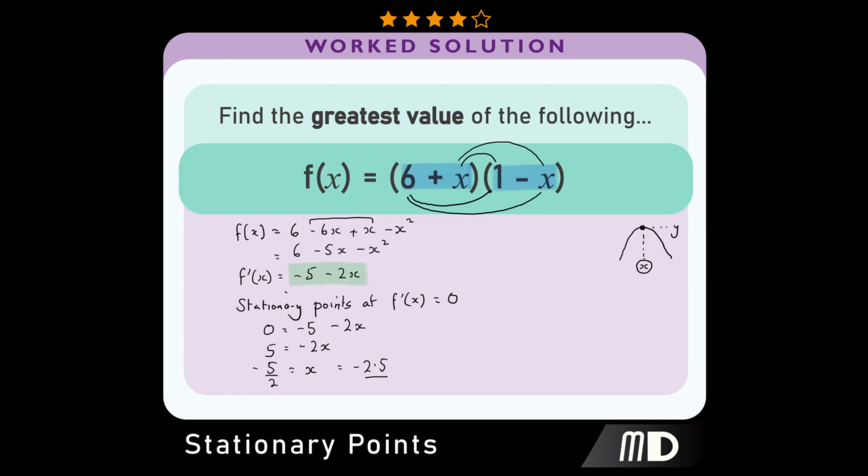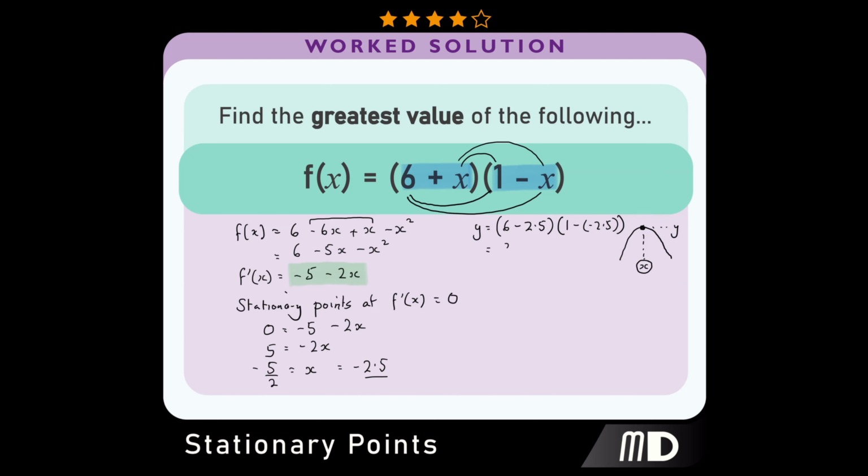So I'm going to substitute minus 2.5 into my original function for the curve to find out what y is. So we've got 6 plus x, which in this case will be 6 minus 2.5. And then in the second bracket, 1 minus x, which is 1 minus minus 2.5.